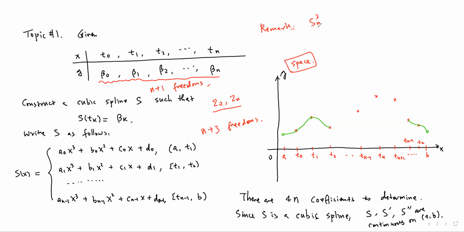Because n plus 3 freedoms determine one cubic spline, this space has dimension n plus 3. What does it mean?